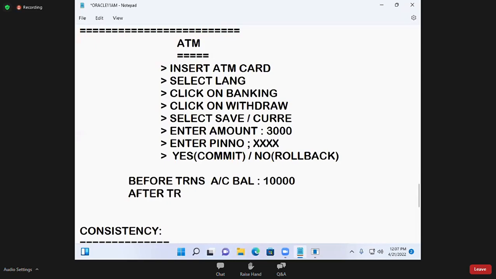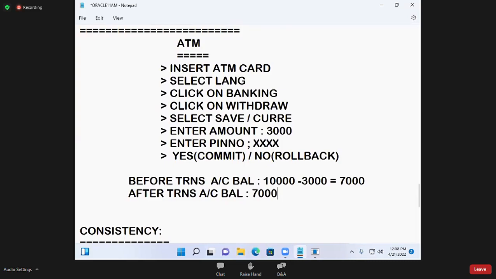After transaction, your account balance is how much here? That means 10,000 minus 3,000 is equal to 7,000. So 7,000 is after the transaction.